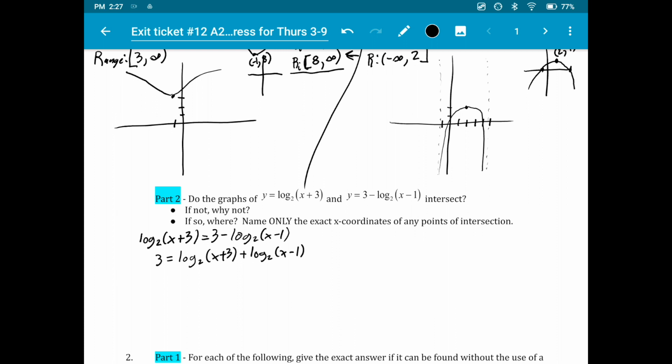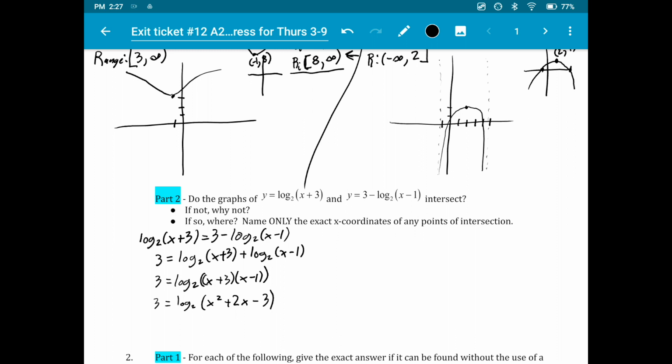Using the rules of logs, I get that 3 is equal to log base 2 of (x plus 3) times (x minus 1), or 3 is equal to log base 2 of (x squared plus 2x minus 3).